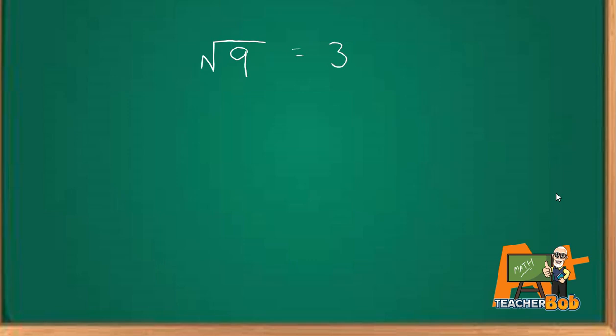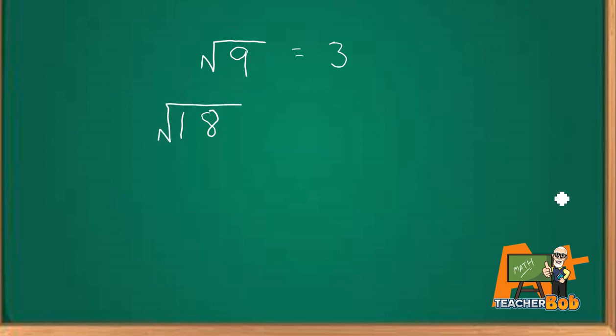When simplifying, we look for perfect squares. For instance, the square root of 18 can be simplified to 3 times the square root of 2. Let's write this out here and make this a little bit more clear.